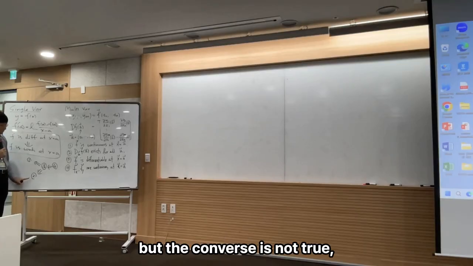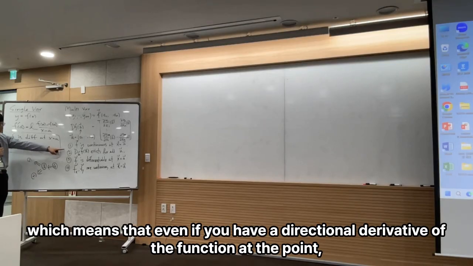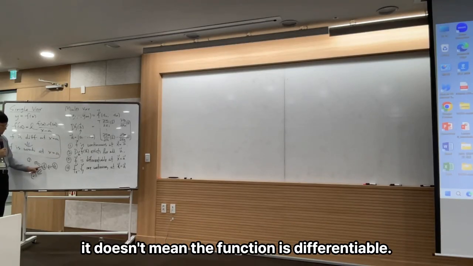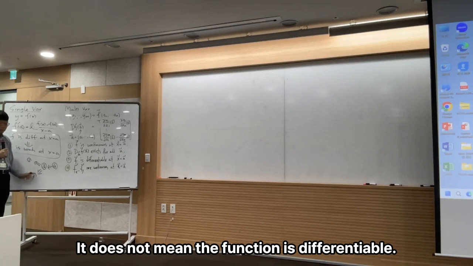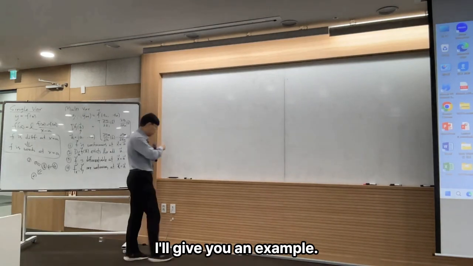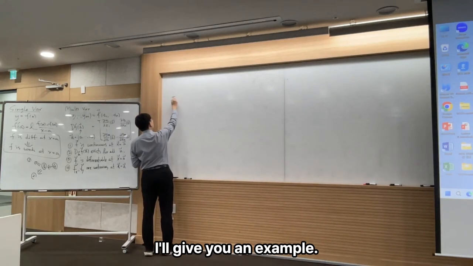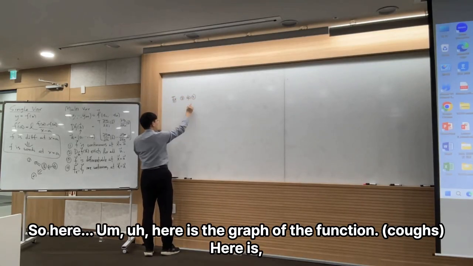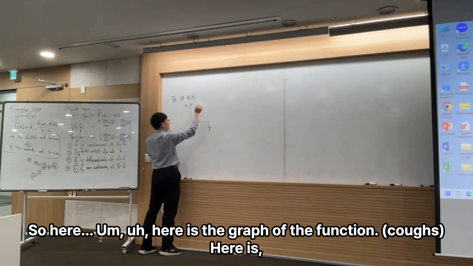But the converse is not true, which means that even if you have a directional derivative of the function at the point for every vector u, it doesn't mean that the function is differentiable. It does not mean the function is differentiable. I'll give you an example. So here is the graph of the function.